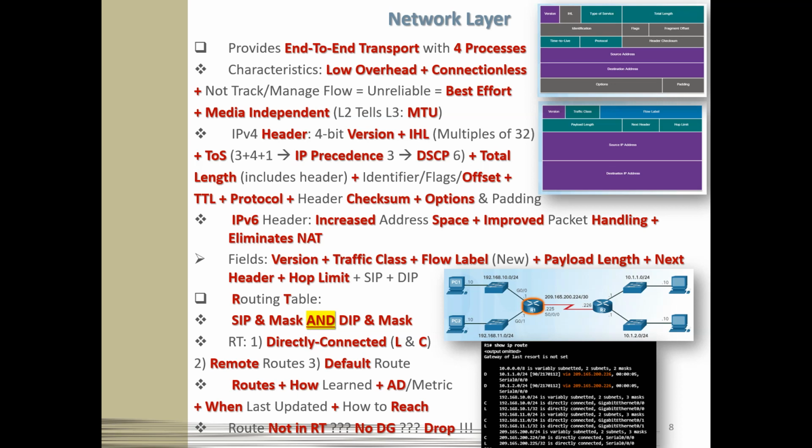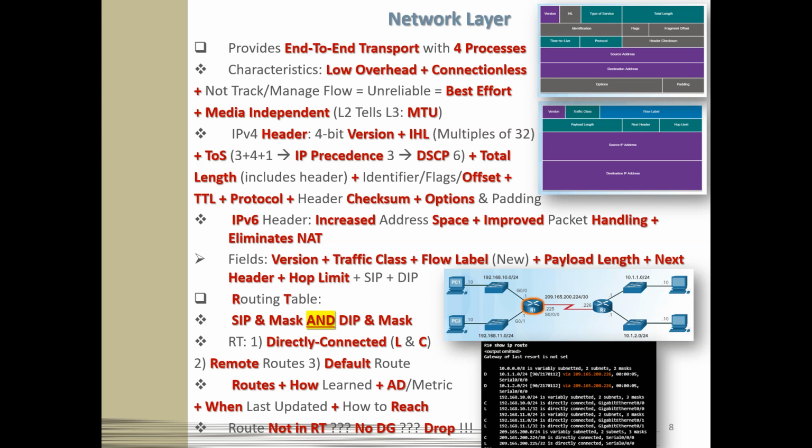Remote routes, however, those routes come from remote networks connected to other routers. How to learn them? They are either configured manually or learned through a dynamic routing protocol, an example of which is RIP or IS-IS or OSPF or EIGRP or BGP, whatever it is. They have been learned dynamically through a dynamic routing protocol.